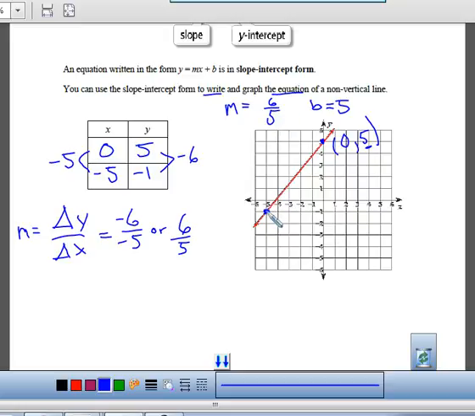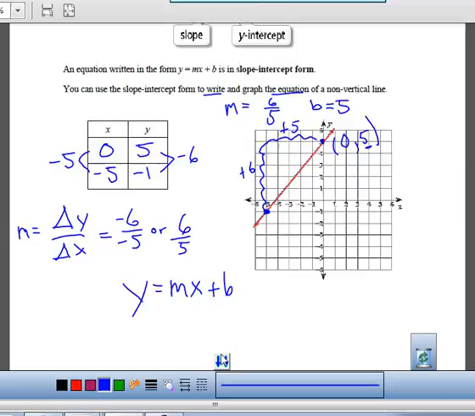You could have gotten this another way, since the scale on the graph is going up by ones. You could just count the spaces going up and then going over is plus 6 over plus 5. Alright, so we have our m, we have our b. Our equation will look like y equals mx plus b.